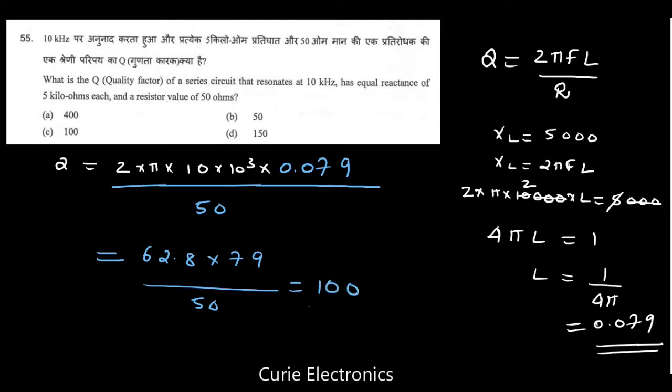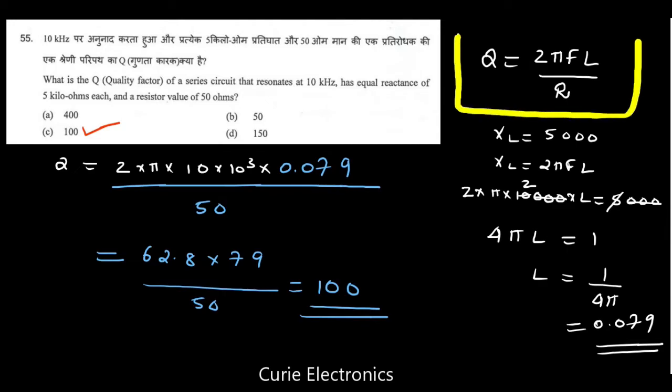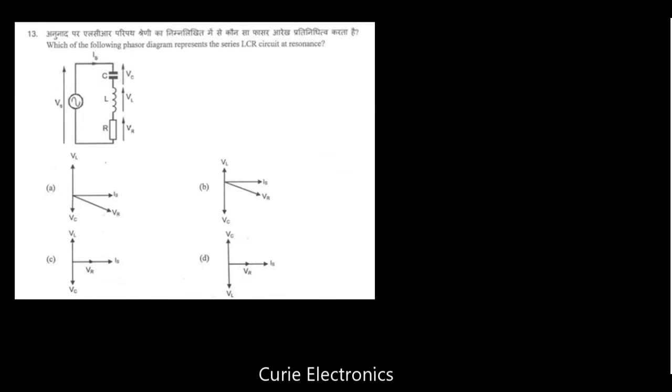So we will get a value of 100. So the answer is option C. Now we should know the equation for quality factor. So let's move to the next question.